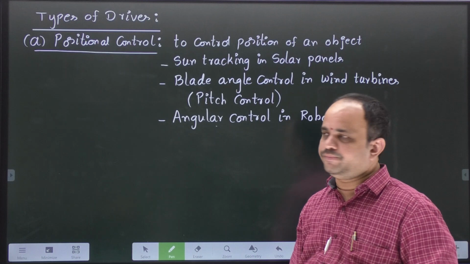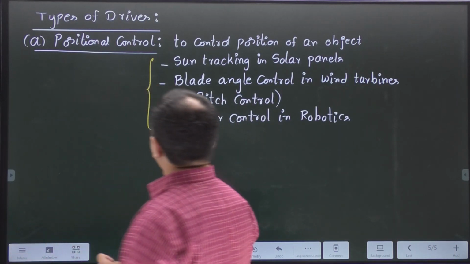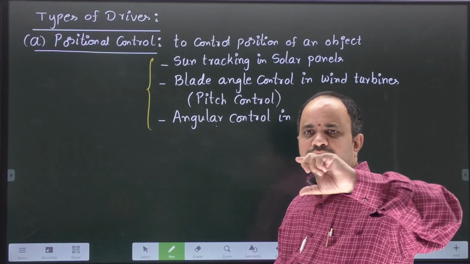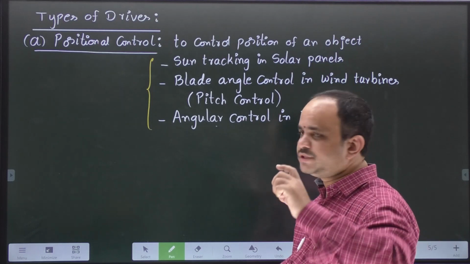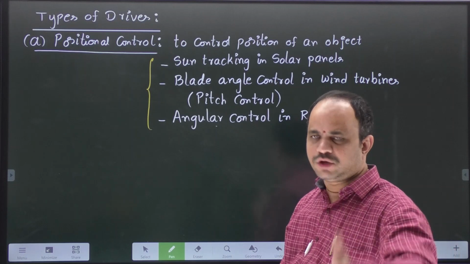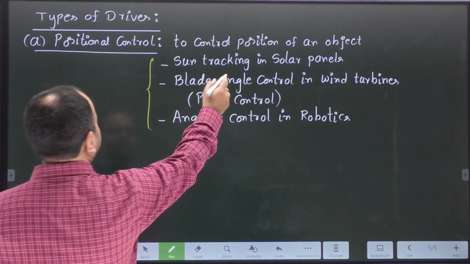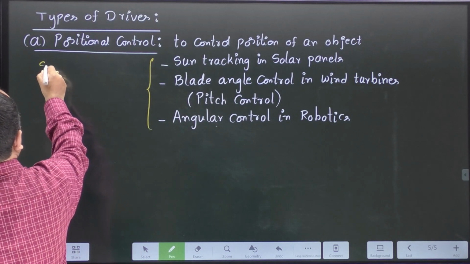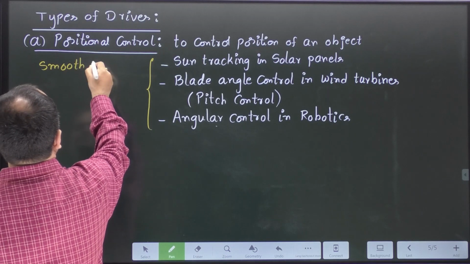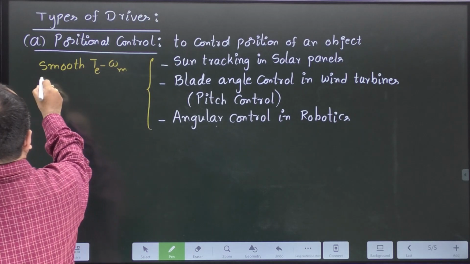Okay, so in all of these applications, what type of electric motors are more preferable? If you observe all of these applications, they need torque. In other words, they need the shaft position to change very precisely, very accurately. Therefore, whatever motor you are using should have smooth torque speed characteristics.